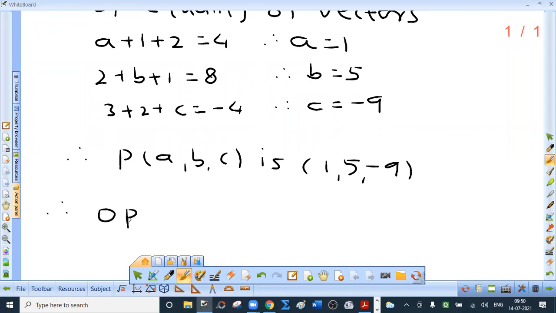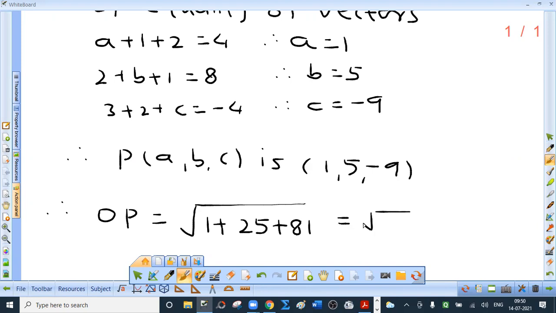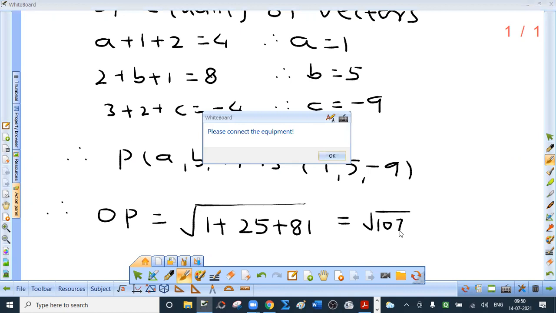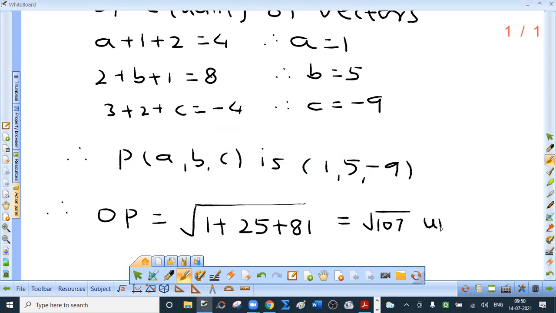Therefore, distance of P from origin is root of 1 square is 1, 5 square is 25, 9 square is 81. So it is what? Root 107. Is it? You may say root 107 unit. That's it.